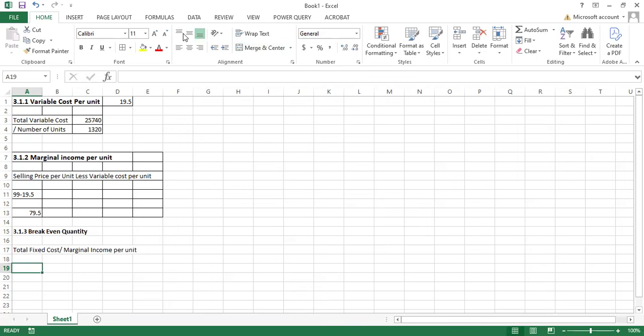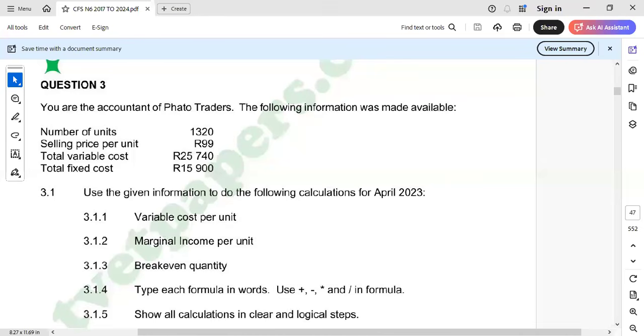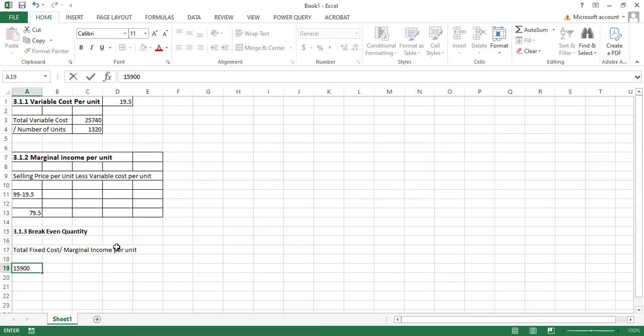Okay, let's quickly check our break even. Sorry, our total fixed is 50,900. So it's 50,900 divided by what we have calculated above, which is 79.5.